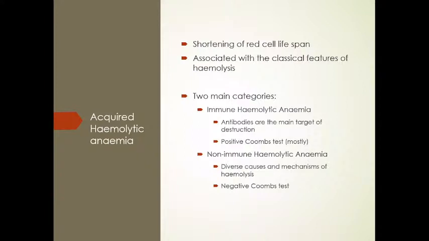And a lot of these are Coombs positive, and we'll go into that. For the non-immune mediated, they're quite diverse, and they're usually Coombs negative because, of course, it's not immune mediated.